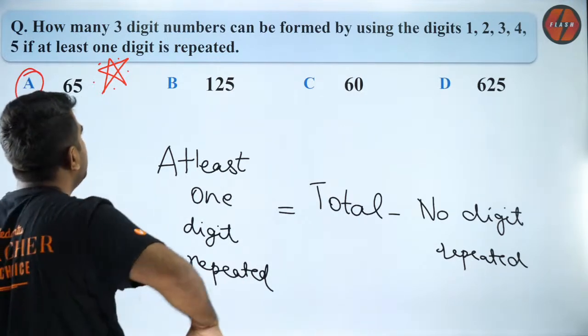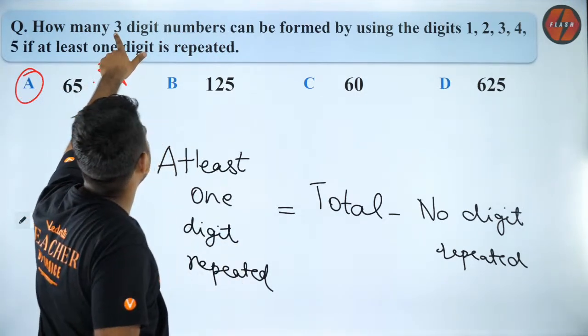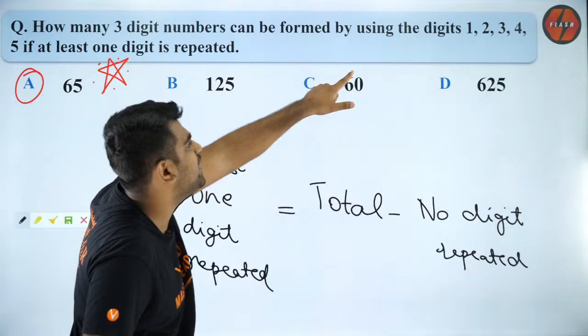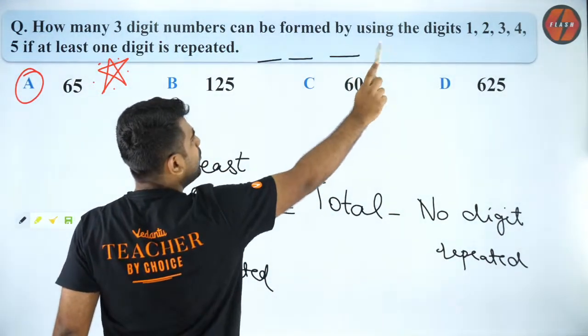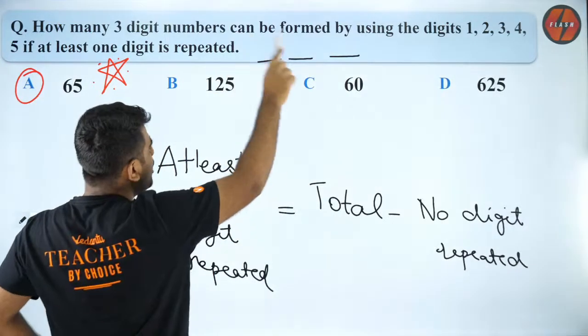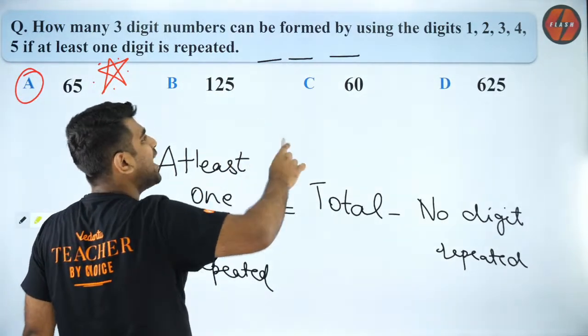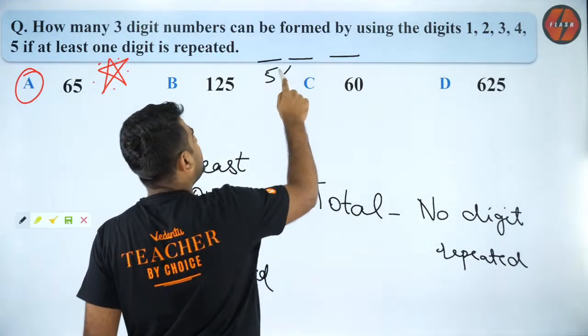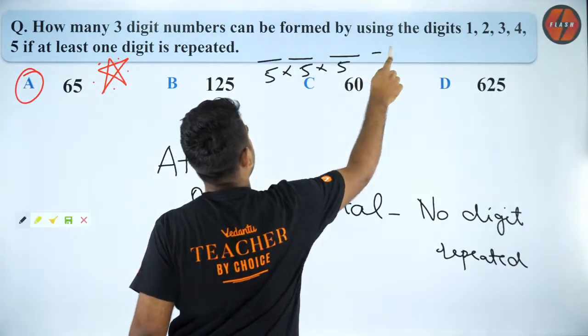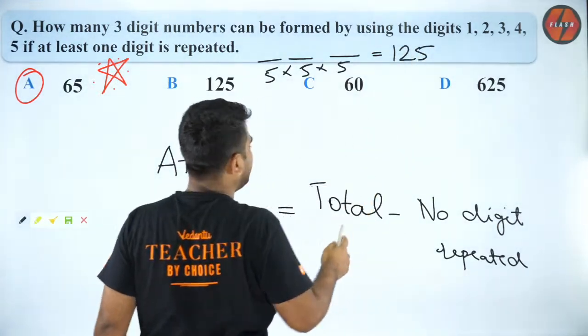So now, if you want to find how many 3-digit numbers are possible using 1, 2, 3, 4, 5. So we have 3-digit numbers. We have 1, 2, 3, 4, 5. So the total number of digits is the one without any restriction. So it will be 5 into 5 into 5. So the total itself is 125.